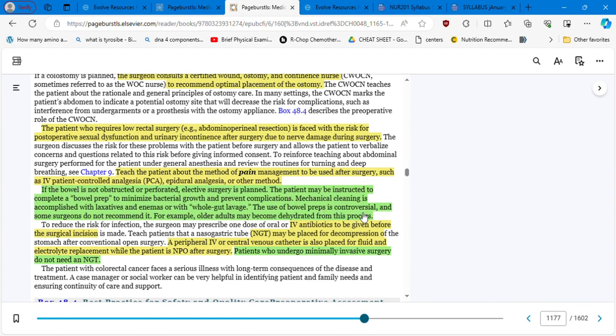So mechanical cleaning is accomplished with laxatives and enemas or with whole gut lavage. The use of bowel preps is controversial and some surgeons do not recommend it. For example, older adults may become dehydrated from this process. You see the whole entire preparation in older adults.